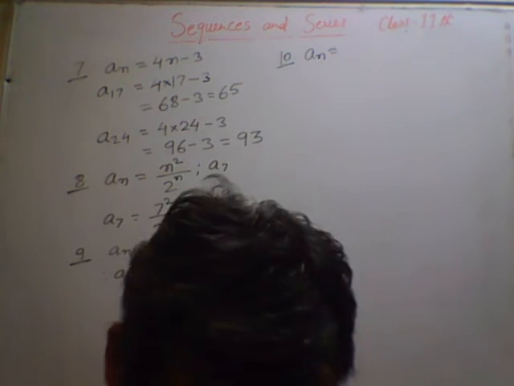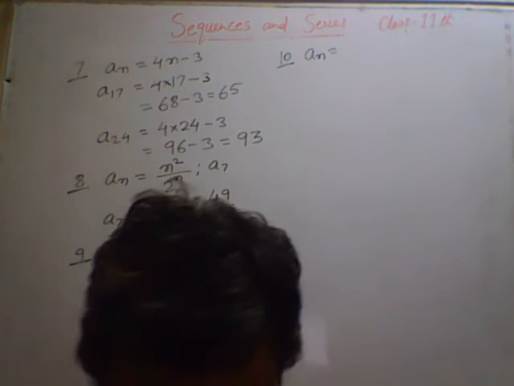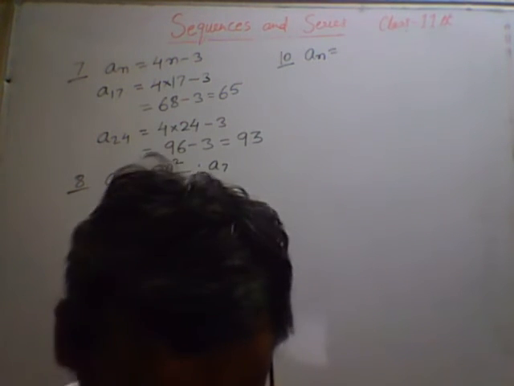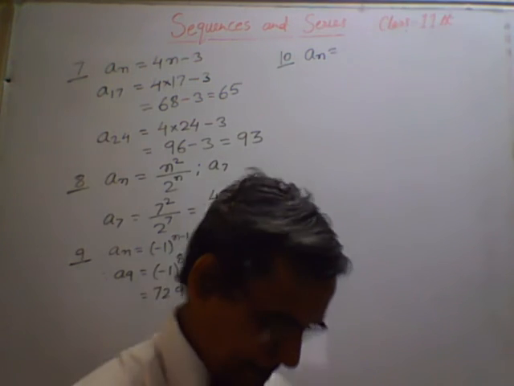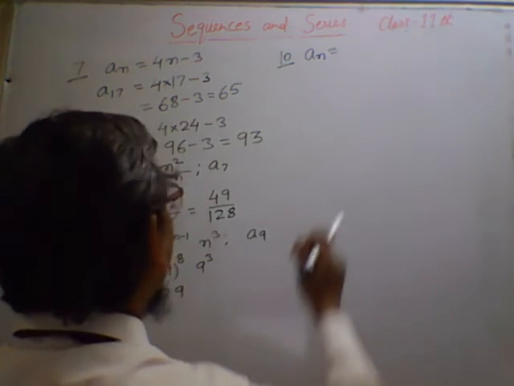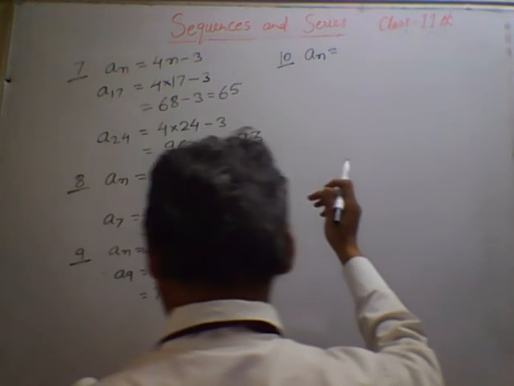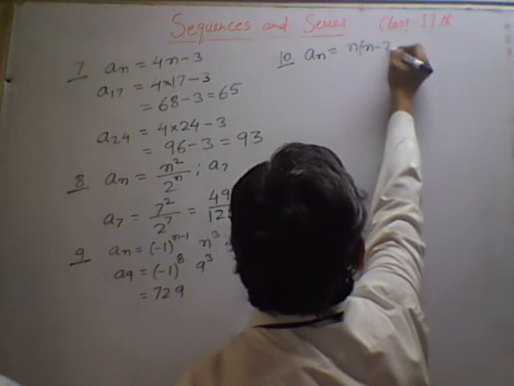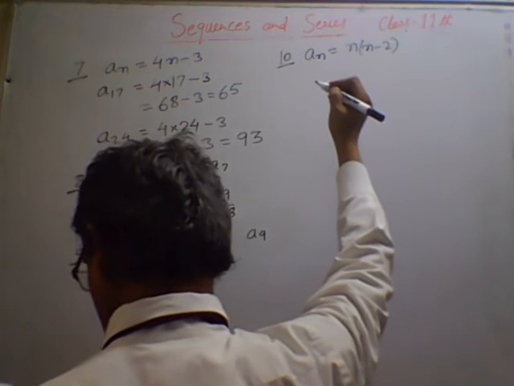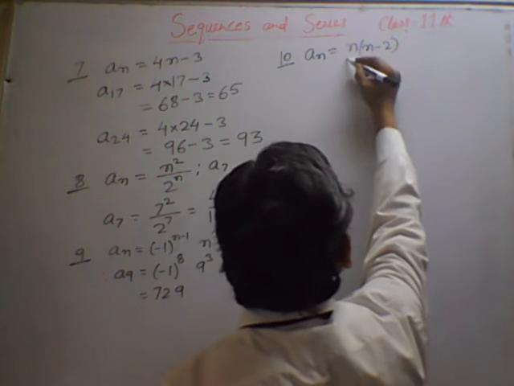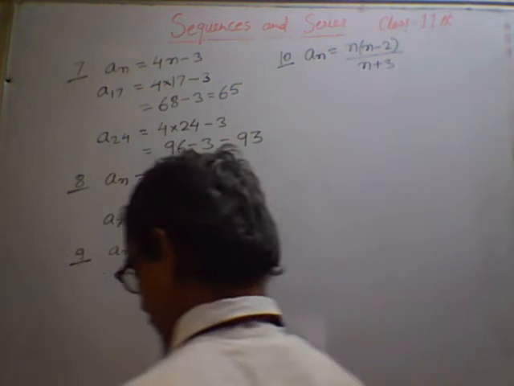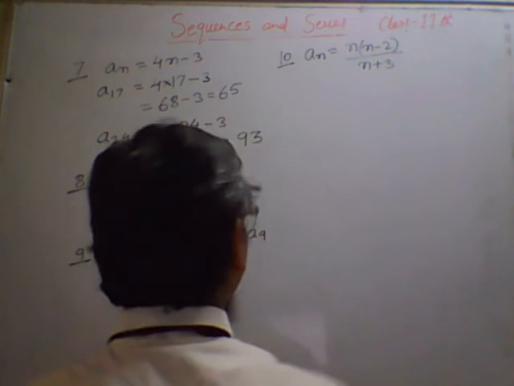An is equal to n multiplied by n minus 2 by n plus 3, and we have to find a20.